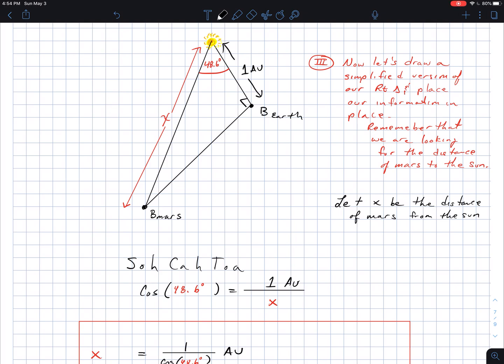Another way I could have done it was label this point A, for example, right? And I could have said, let A be the distance for the segment A, B, Mars. You okay? So there's a few ways we could have said it.